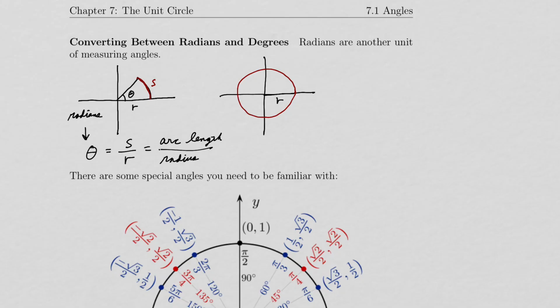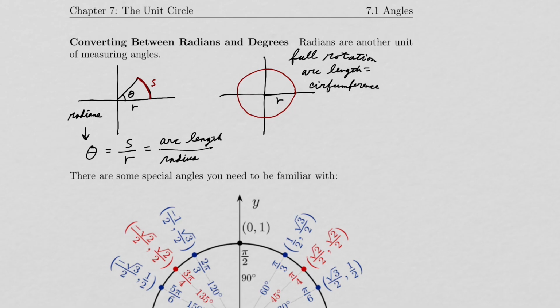But if I go all the way around, if I have a full rotation, that's basically the circumference of a circle, right? So the arc length, if it's a full rotation, is equal to the circumference, which is this length all the way around, right?